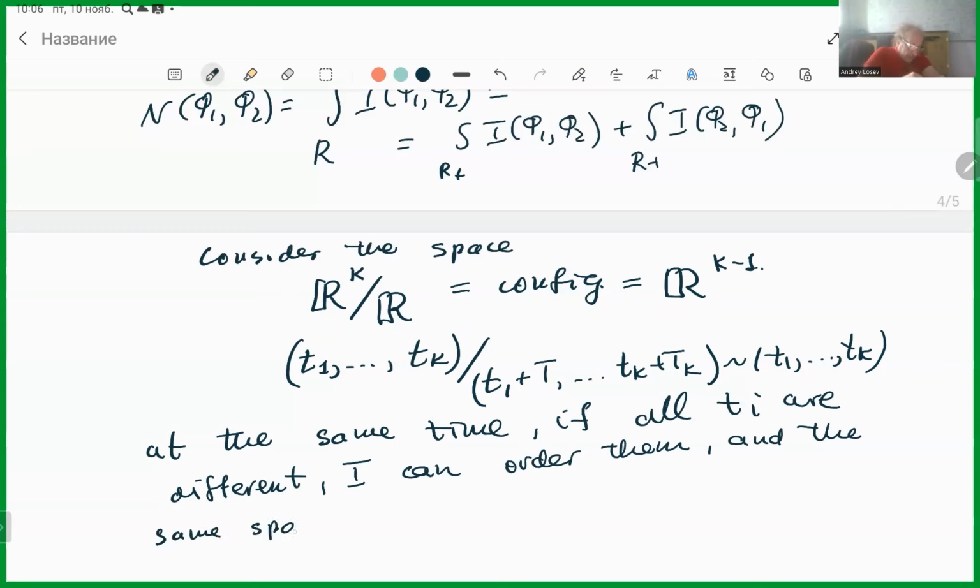And the same space config may be given like this.